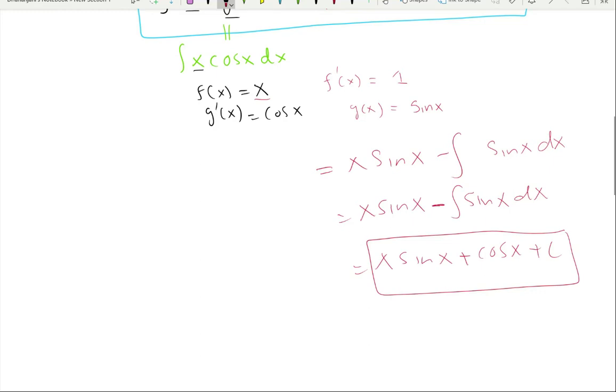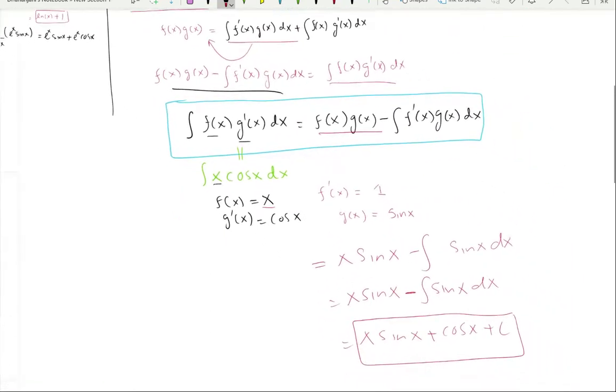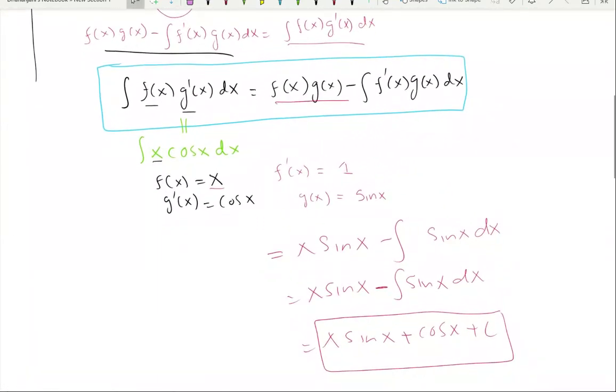Now let's discuss the bigger picture. See what really happened here. We started with a complicated integral, x times cosine x, too complicated to integrate. But by the end of the day, what is the function that we really integrate? We integrate sine, which was an easy integral to do.